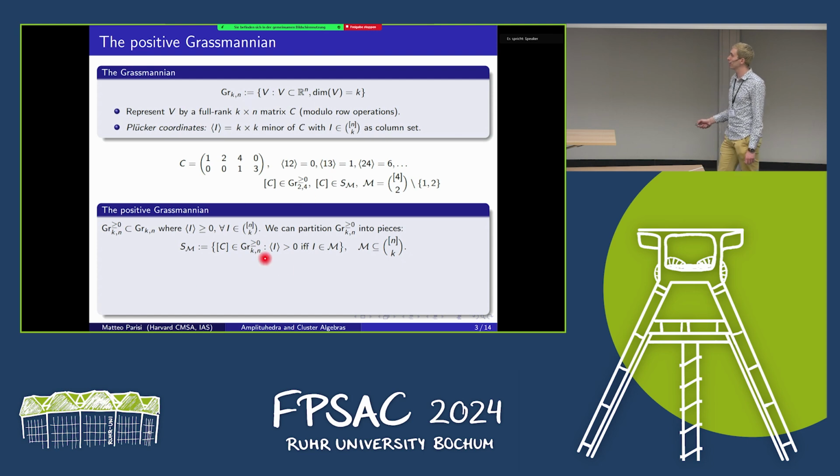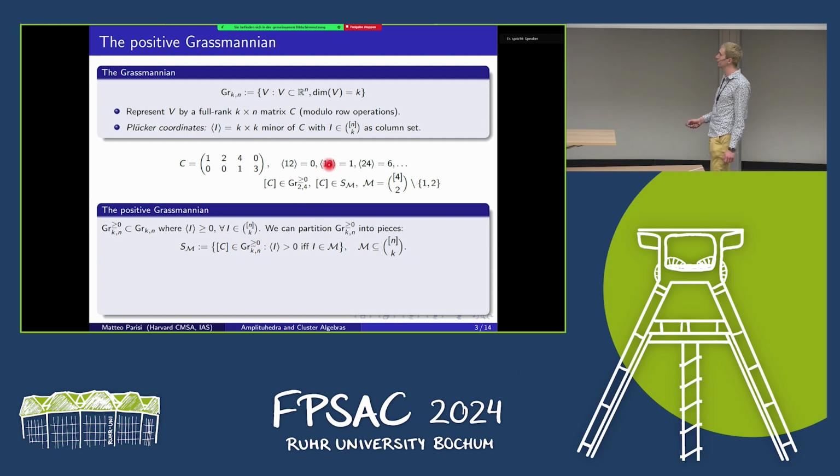We want to partition this positive Grassmannian into pieces according to which Plücker coordinates are 0 and which are strictly positive. In particular, I'm going to define these pieces as S_M, where M is a collection of k-element subsets of the set 1 through n. This records exactly which Plücker coordinates are strictly positive: if the label I is in the set M, the coordinate is positive; otherwise, all the other Plücker coordinates are 0.